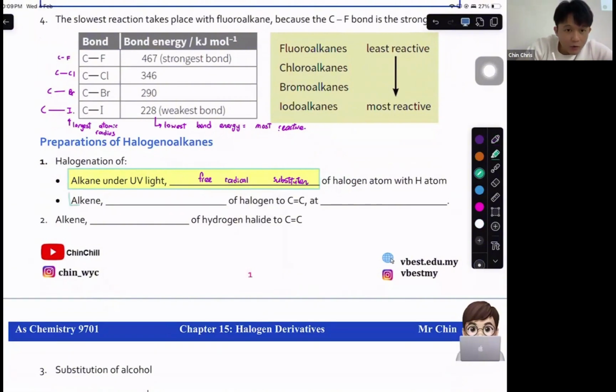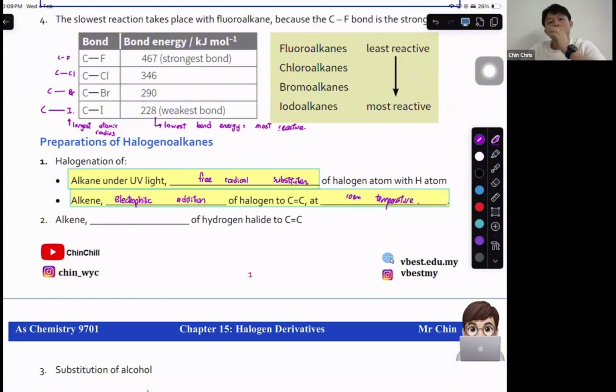If it's alkene, it could be electrophilic addition at room temperature. What about alkene? Alkene also undergoes electrophilic addition of hydrogen halide and turns from a C double bond C. That's it.